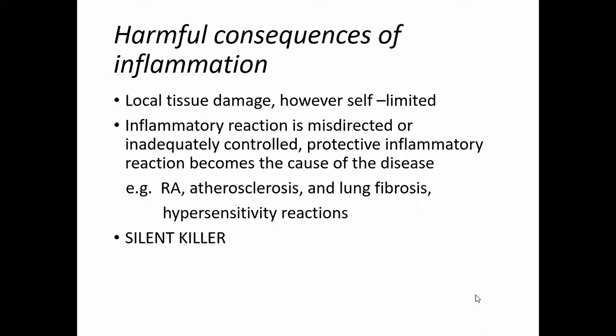So examples of harmful consequences of inflammation include rheumatoid arthritis, atherosclerosis, lung fibrosis, and hypersensitivity reactions. In these cases, the normally protective inflammatory reaction becomes the cause of the disease, and the damage it causes is the dominant picture. And sometimes it is referred to as the silent killer.